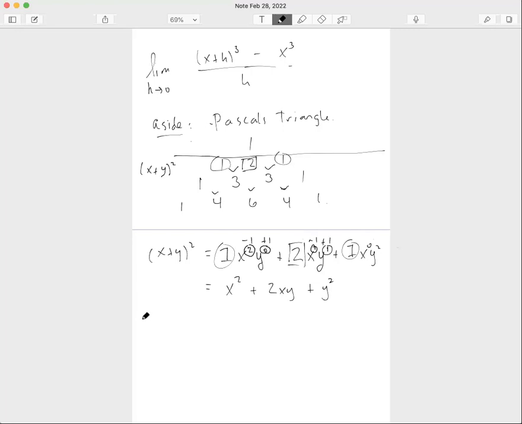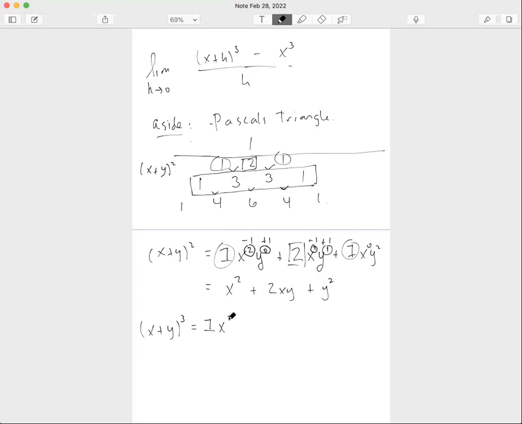So can you tell me what the cube is? Now we're reading out the third line. So I have a 1. What's my power of x? What's my power of y? x to the third, y to the 0.